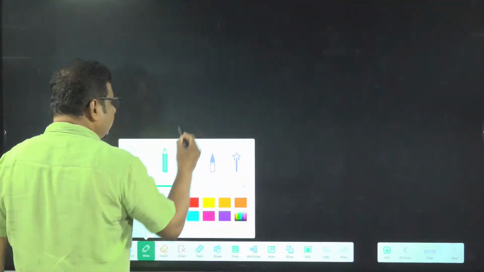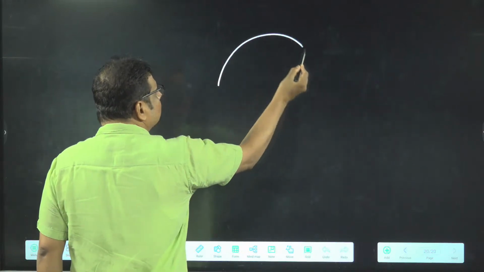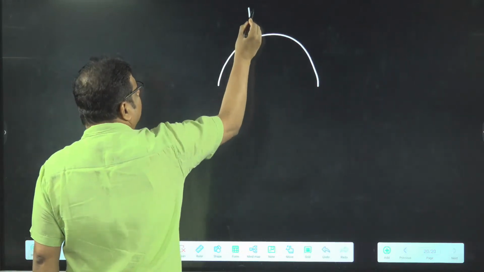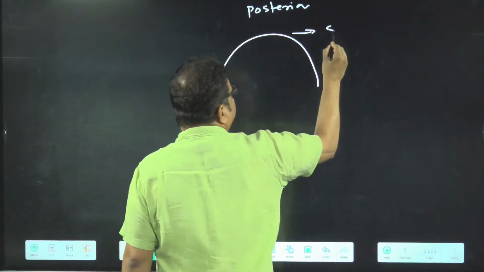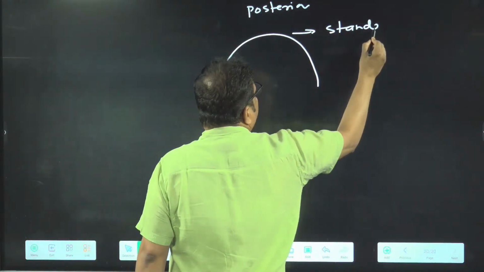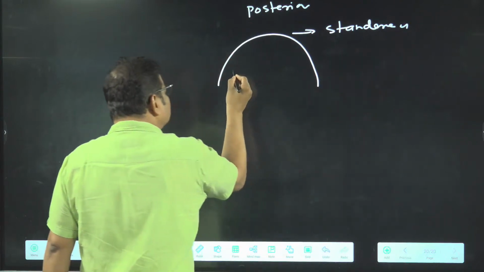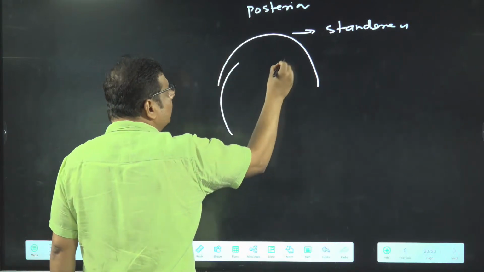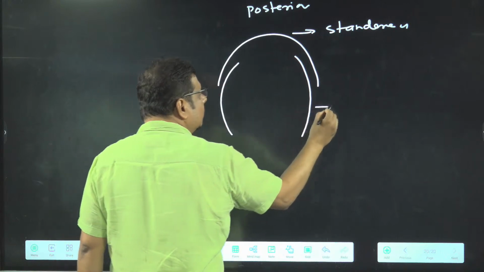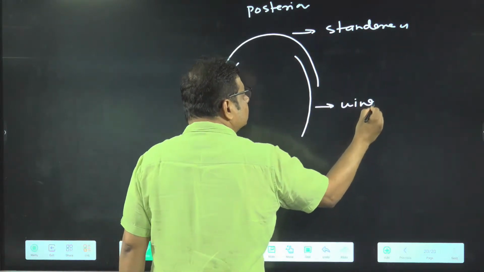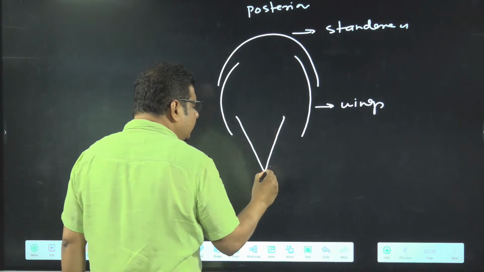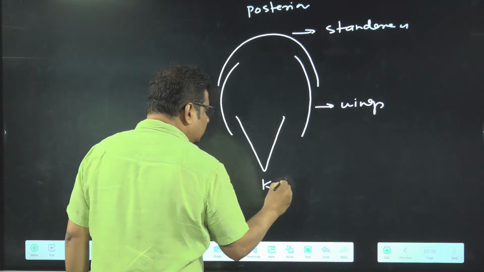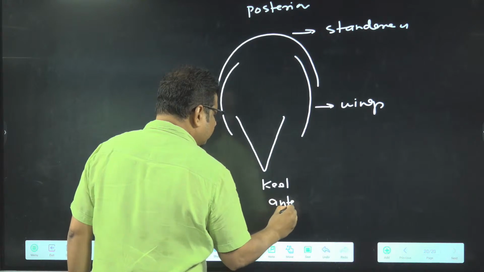What does axillary say? Papilionaceous corolla is there. Posterior, the standard is there. This posterior standard is covering, overlapping the two lateral wings. These are wings. And these wings are overlapping the two anterior keel petals. So the keel is anterior.